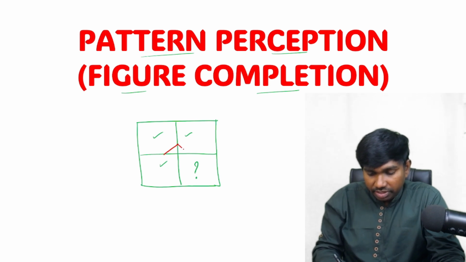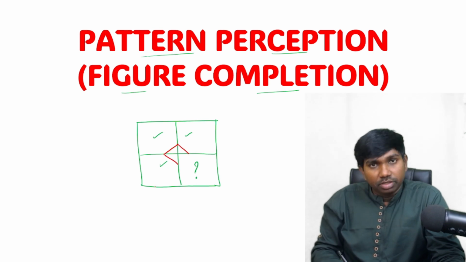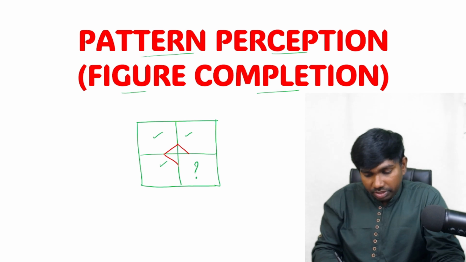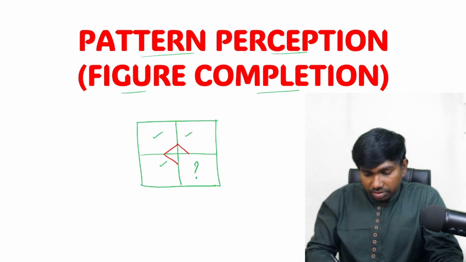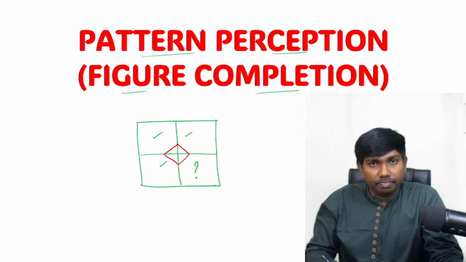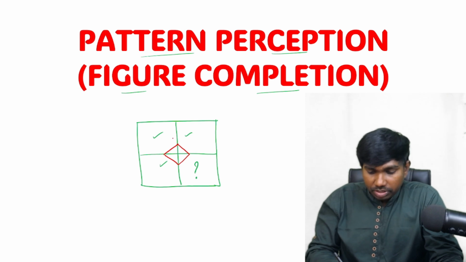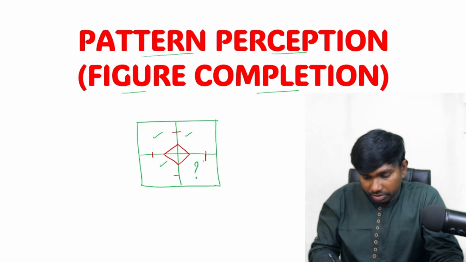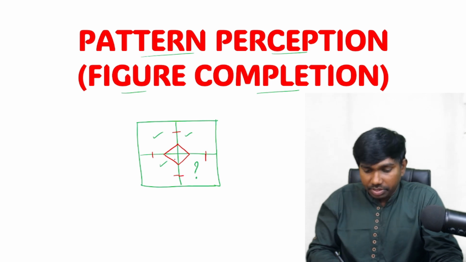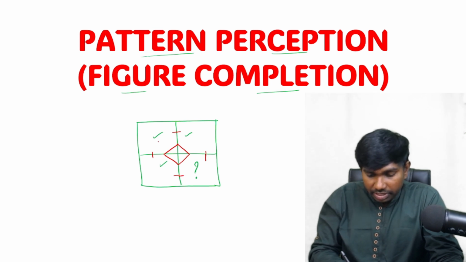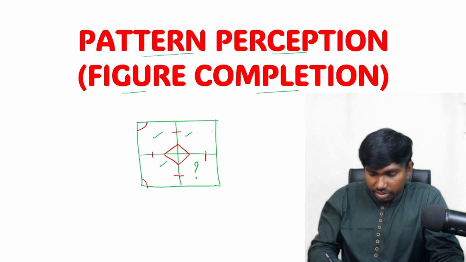Suppose there is a line like this, line like this, line like this. Observing the lines in other parts, we can complete the line this way. Suppose there is a horizontal line like this, and like this. It will be completed here and here as well, right? And suppose there is a circular cut here, here and here.